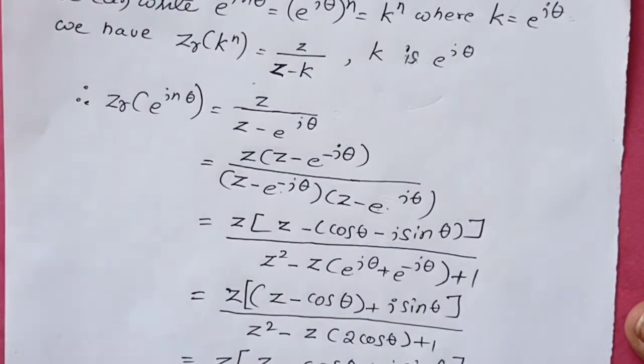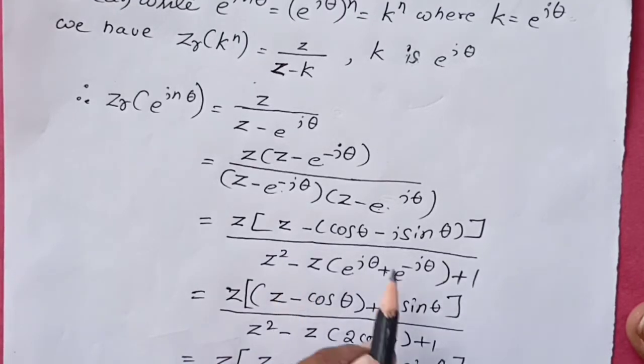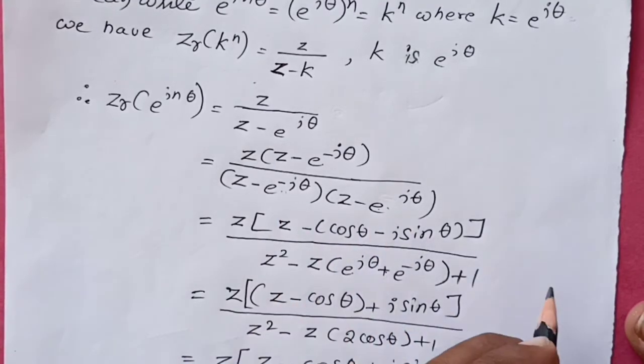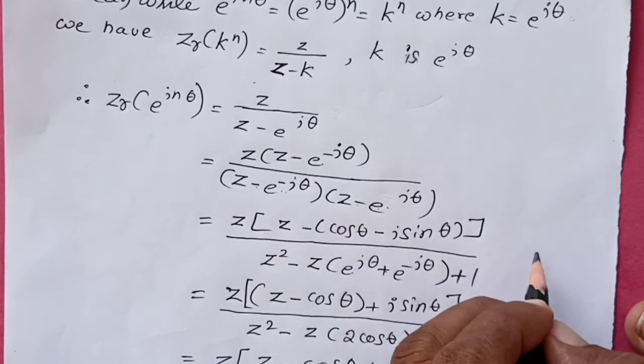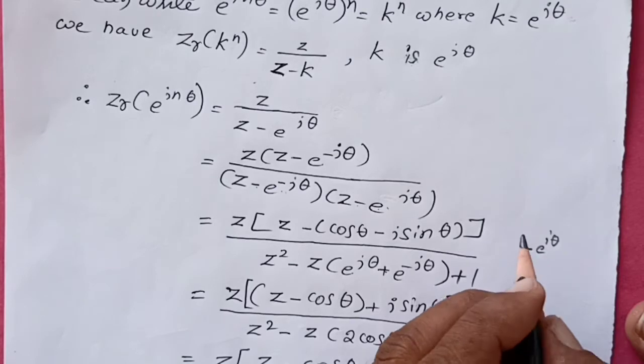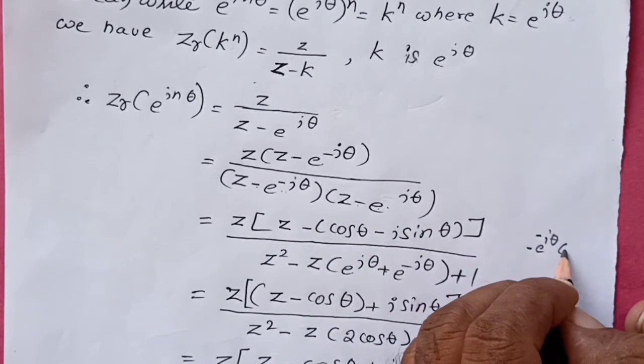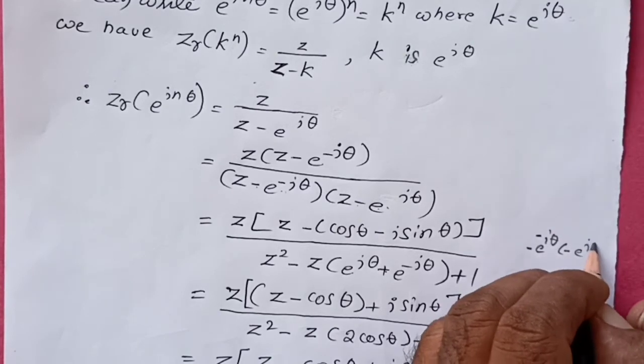I will write in pencil here. What is that? e raised to i theta into this one. So minus into minus is plus, minus e raised to i theta, e raised to minus i theta, and again minus e raised to i theta.